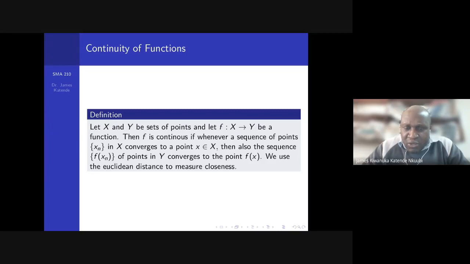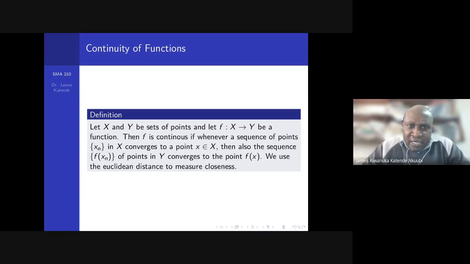Convergence requires measuring some closeness, and that is measured using the Euclidean distance, the same distance that you are familiar with for points in space.